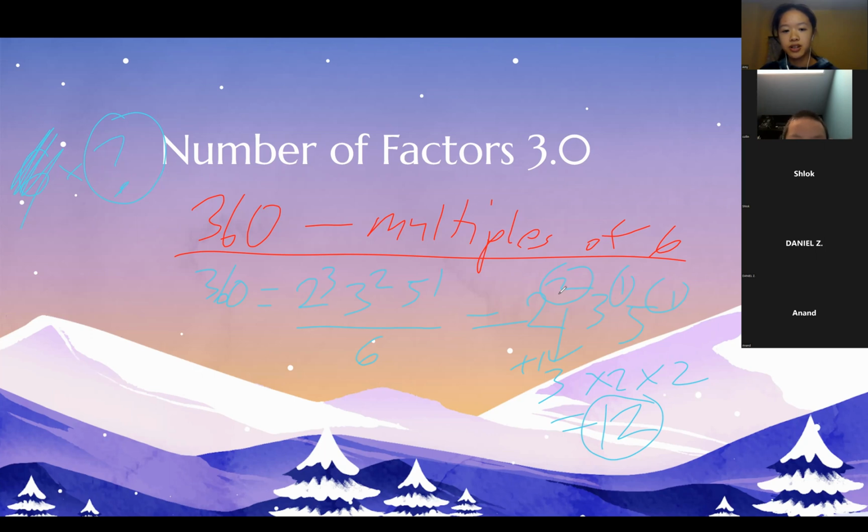It goes to 2 squared times 3 to the first power times 5 to the first power, because after you divide by 6, 6 is 2 times 3, so the 2 goes down by 1 and the 3 goes down by 1. Since the factor has to be divisible by 6, you're taking out that 6 and pretending it's already part of your factor, and then you just find how many factors you can make out of this new thing. Then you just treat it like a normal problem.